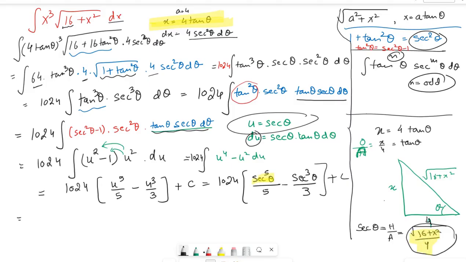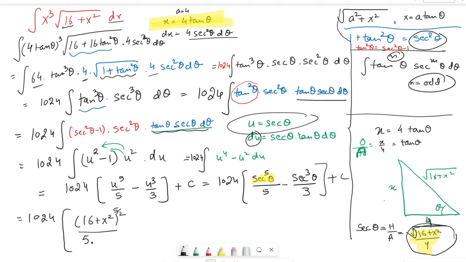Let's work on that. 1024. Secant to the power 5. This here is a square root, and square root means power half. So that can be written as 16 plus x square to the power half, but power 5, so 5 by 2 basically.